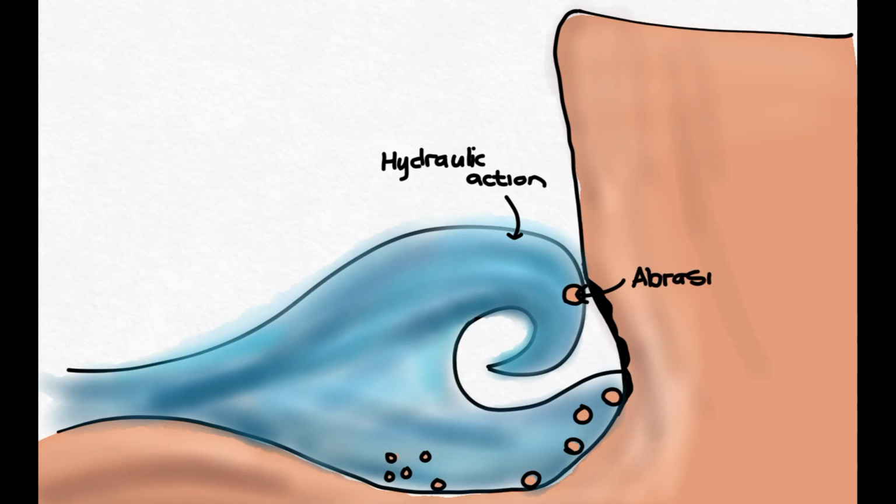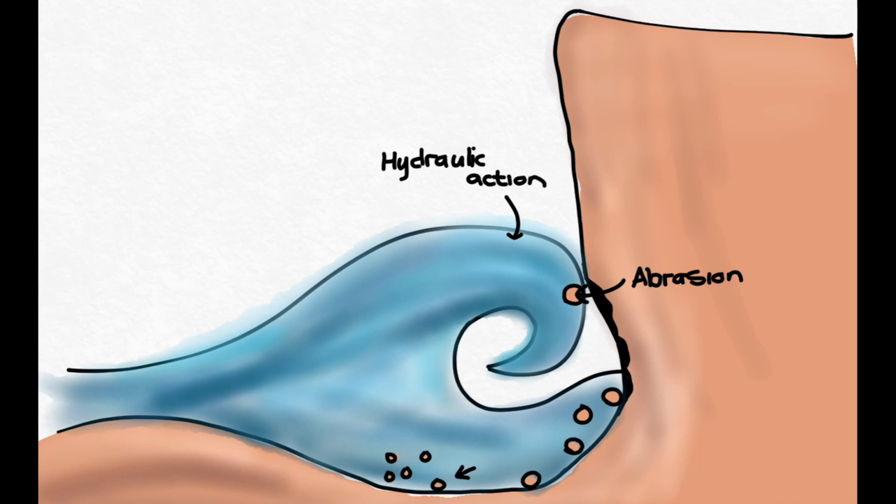This will wear away the surface through friction, often caused by the water. So if we think about abrasion, the sediment is picked up by the water and then hauled against the side of the beach or the cliff, breaking the cliff away.